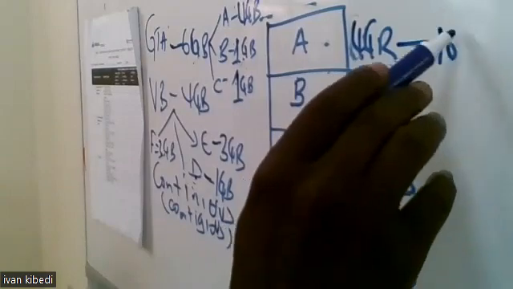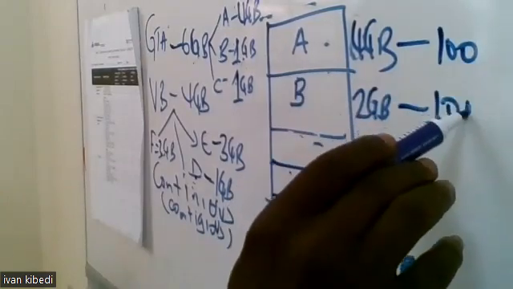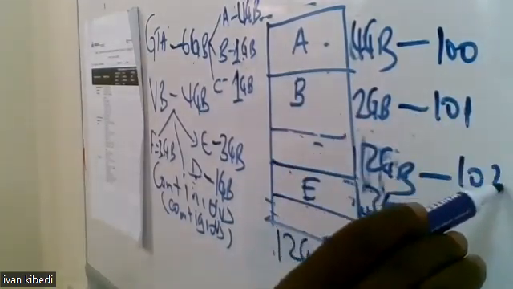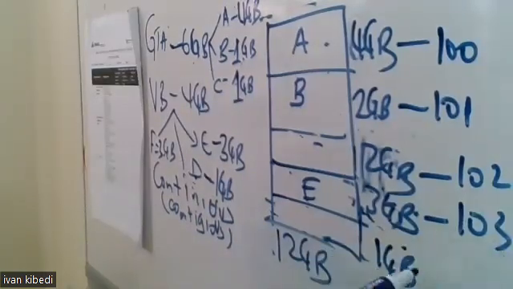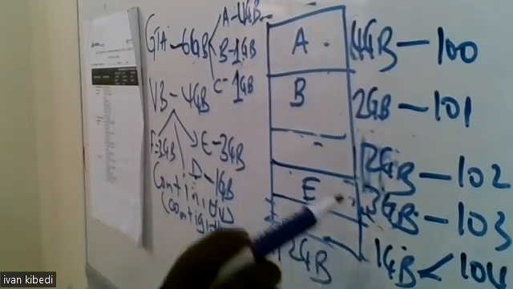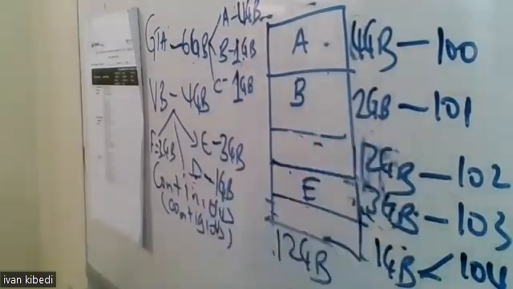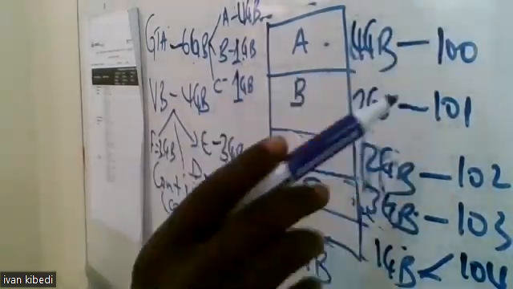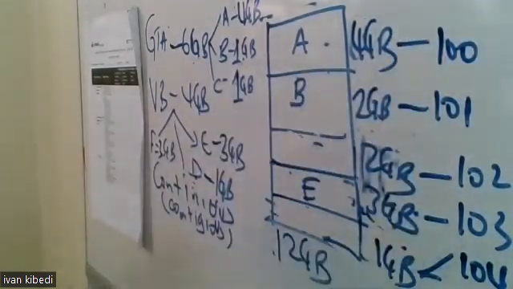So assuming it is address 100, this one address 101, this is address 102, this is address 103, and this is address 104. I'm now showing you the disadvantages of segmentation. Okay? So assuming these memory locations, all of them have got addresses. These are the memory addresses of these locations.